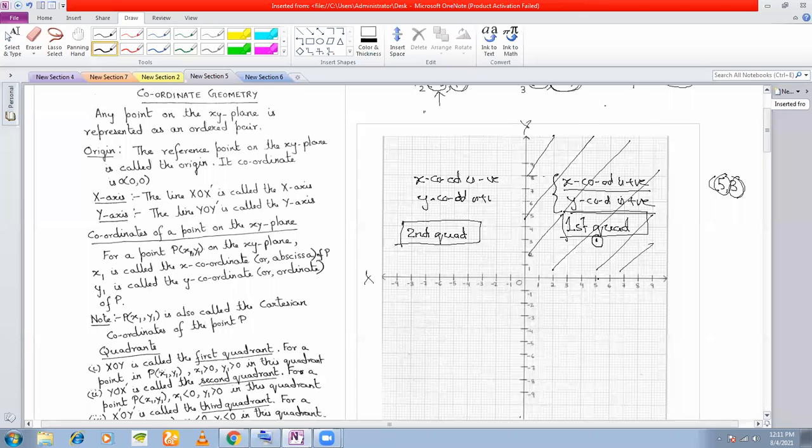Suppose you want to plot the point (-5, 3). How will you plot? You move 5 units to the left and then you move 3 units vertically. So (-5, 3) will be somewhere over here, right? So you see, the x coordinate is negative and the y coordinate is positive. That is why this is called the second quadrant.